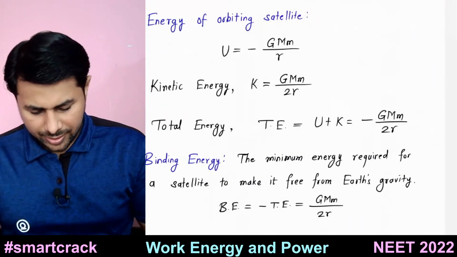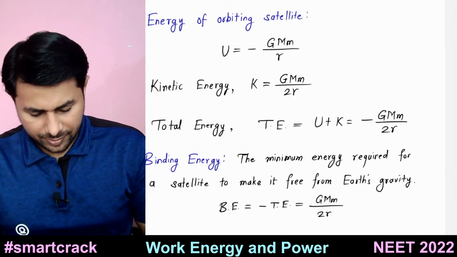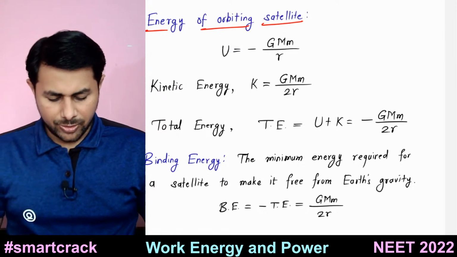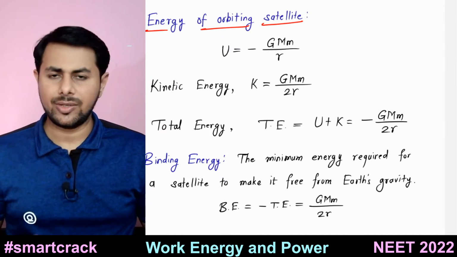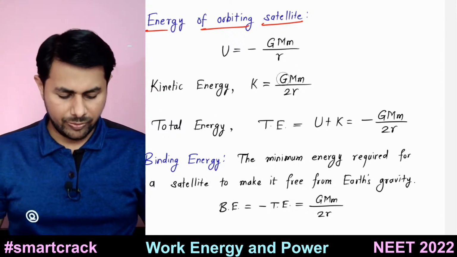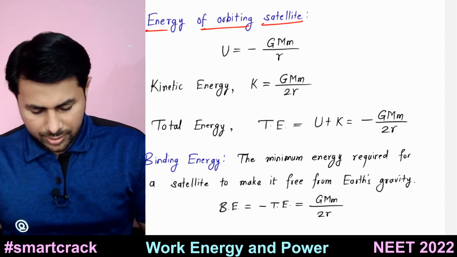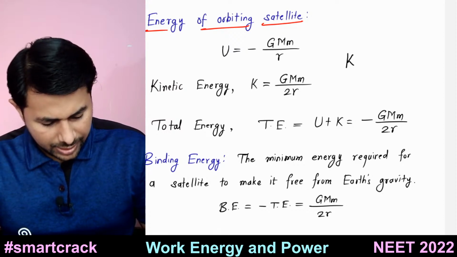After that, what is the energy of an orbiting satellite? So we know that the potential energy is given by this formula. It is minus GMm over r. Then the kinetic energy, we know the formula, K is equal to what?